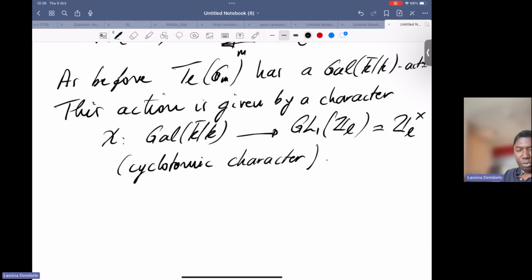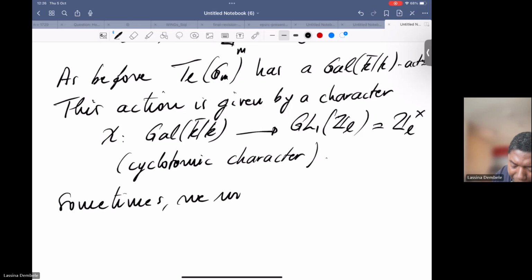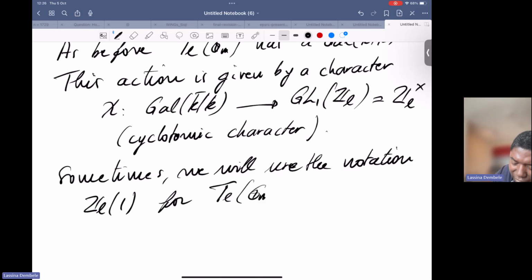Sometimes we will use a notation, in fact it's quite common, the notation ZL(1) for TL of Gm.